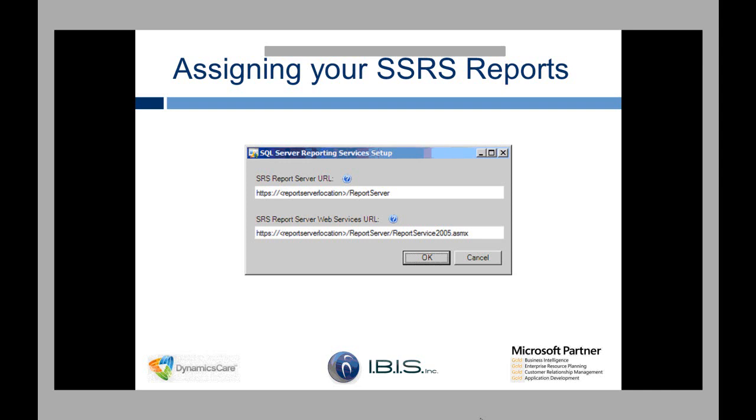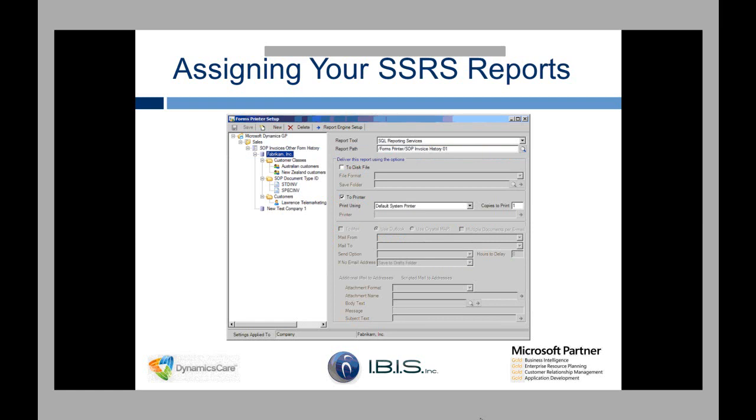If you have a report server set up for your company, this would obviously point to yours. Once this is set up, then you will see you can connect to each of these reports, and it will pull all the available reports that you have loaded, and you can set them up according to class, master ID, or just by company. So once it's set up, this is where it really gets into the customization.